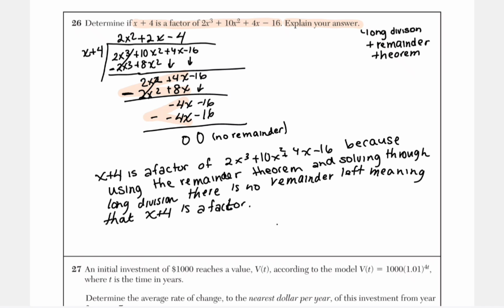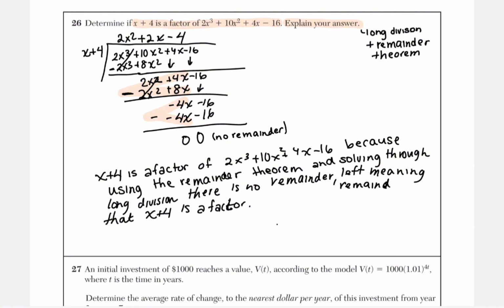So no remainder equals factor. Using the remainder theorem, we can conclude that x plus 4 is a factor because the remainder is 0. And we can write: remainder 0.